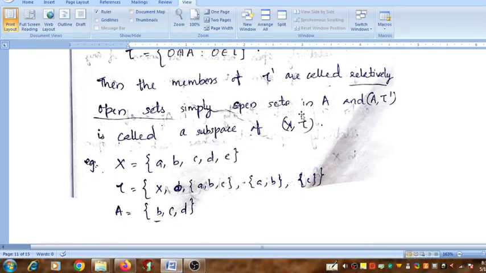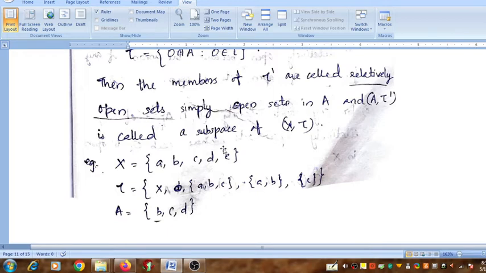Then we consider the pair A and tau prime, A together with tau prime, and that makes the subspace topology. So this is the definition of the subspace topology of the subset A of the set X.